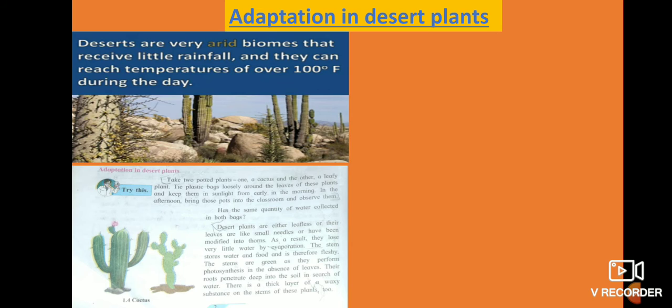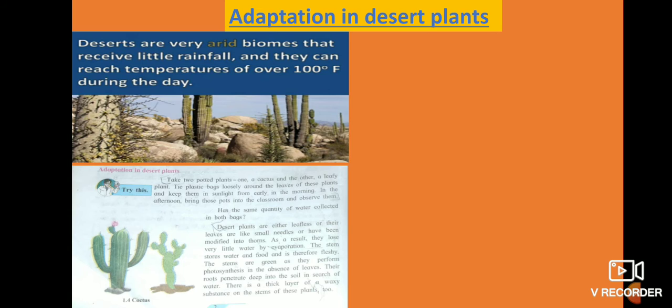Desert plants are either leafless, or their leaves are like small needles, or they are modified into stems. As a result, they lose very little water by evaporation. The stems store the water and food and are themselves fleshy.